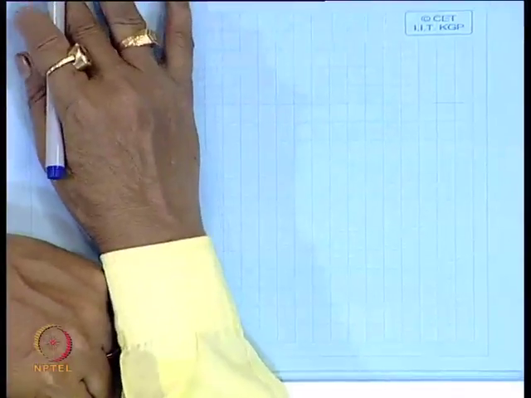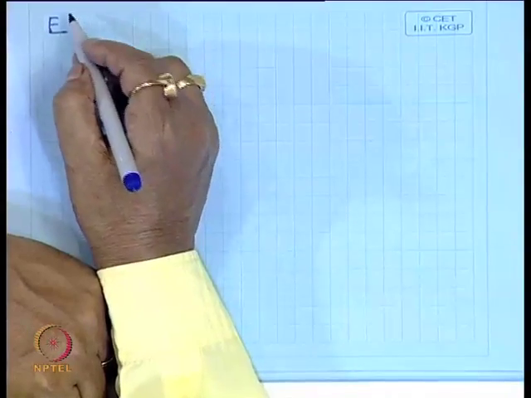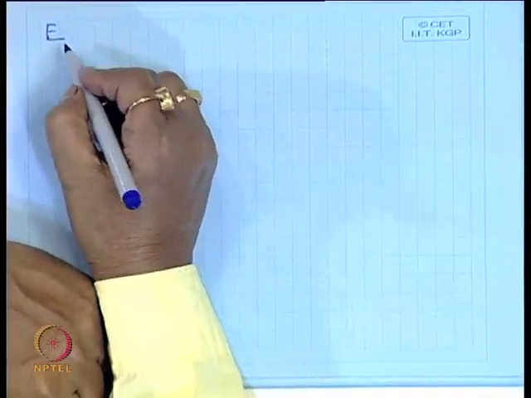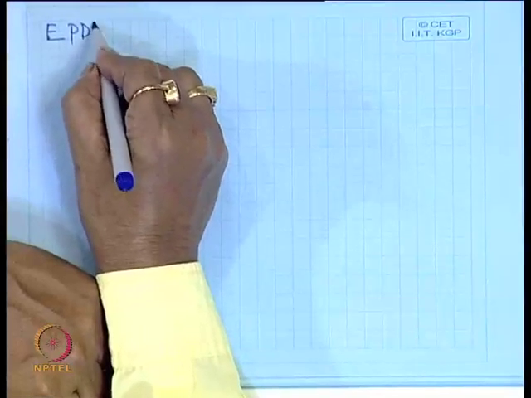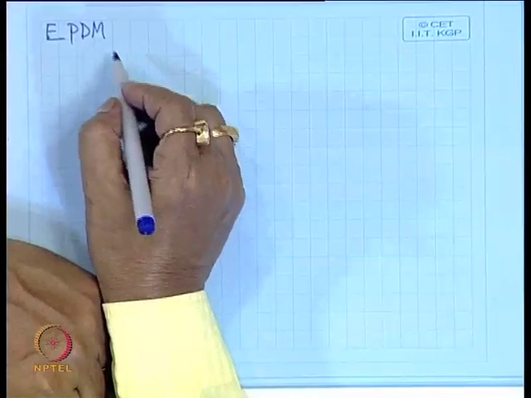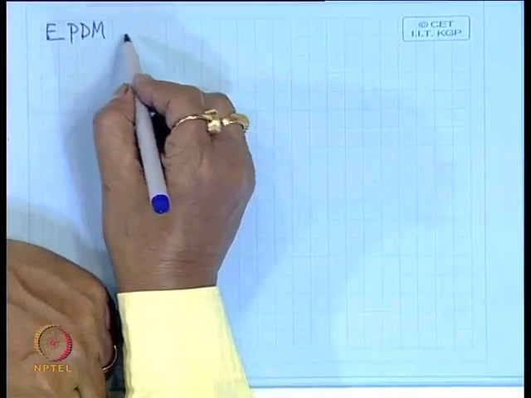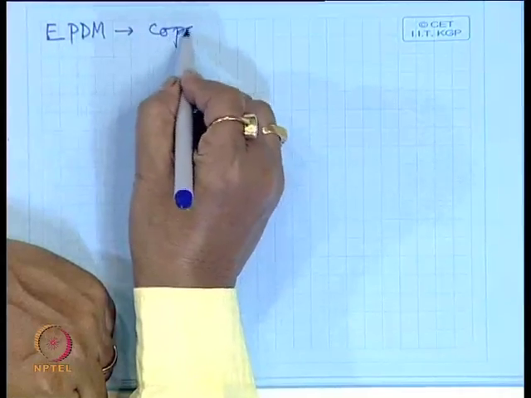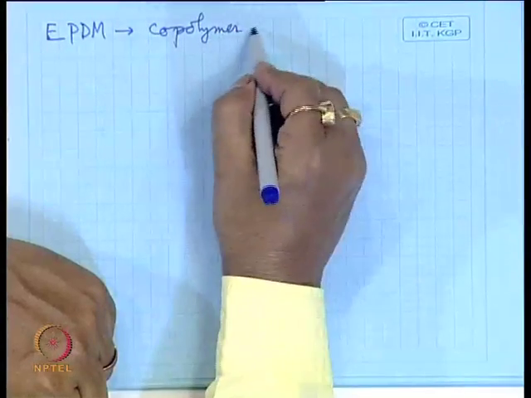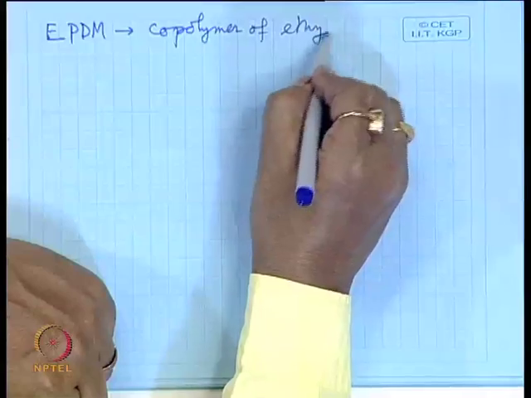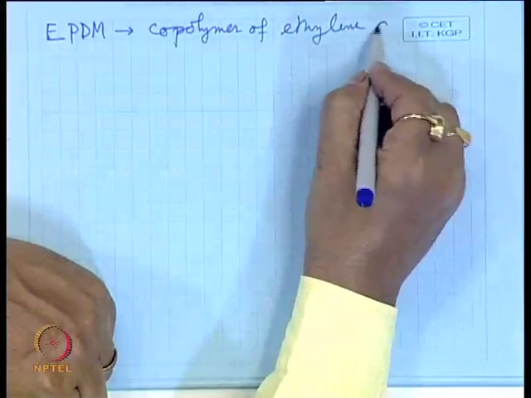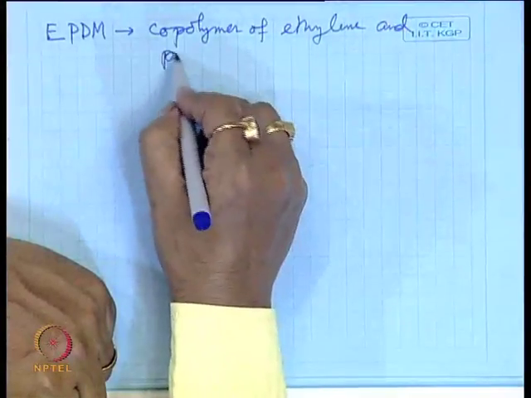EPDM, ethylene propylene rubber. EPDM is a copolymer of ethylene and propylene.